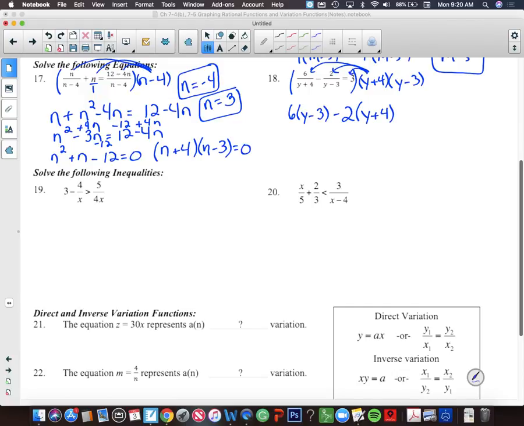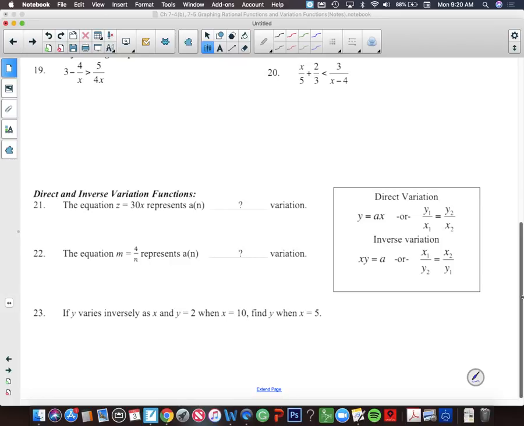And then on the back end here, nothing will cancel, so we have 3 times both of those. Alright, so then you'd end up simplifying that down, and you get an answer of y equals negative 5/3 and y equals 2. You'll have to factor that to get those answers.